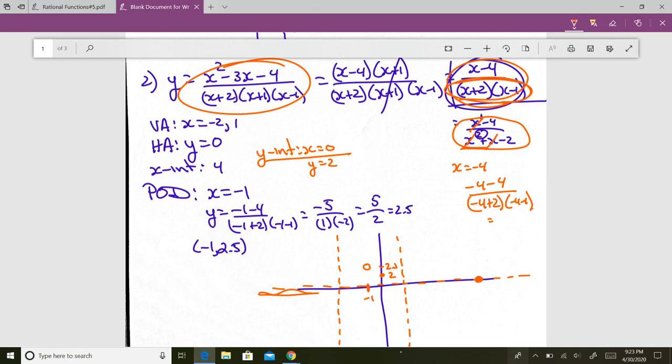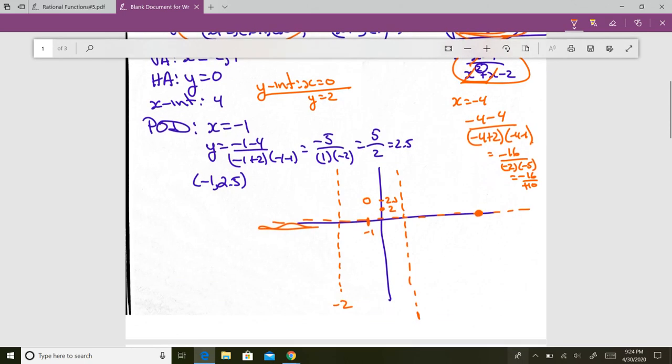That's going to give me negative 8 over negative 2 times negative 5. All I really care about is that this answer will be negative. I'm going to get negative 8 over a positive 10, which is going to give me negative 0.8. So at negative 4, the value is negative.